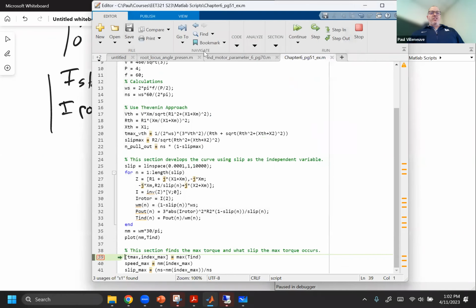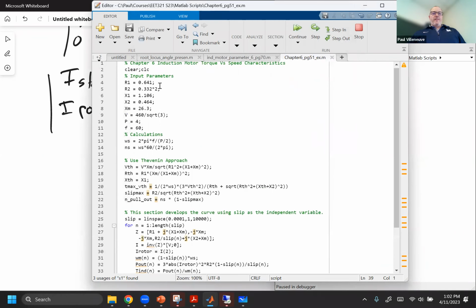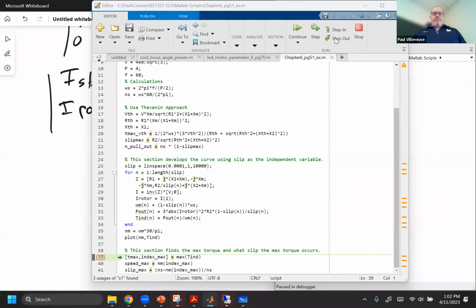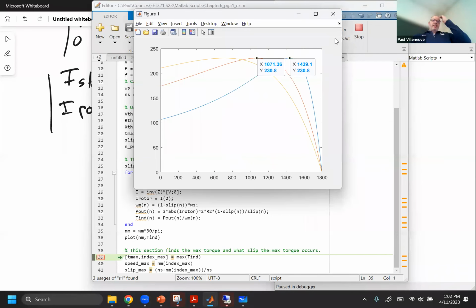Let's go back and change this to 3. And we can only increase it within reason, because at some point it actually will impact. So our slip has increased. We're still getting around 230.8.